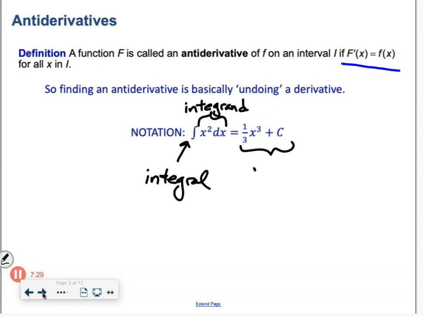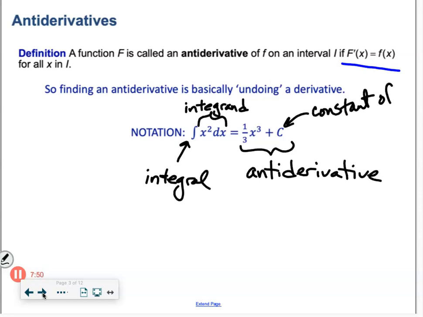This stuff, well, that's the antiderivative. And your C, that is a part of your antiderivative, has its own name. It's called the constant of integration.